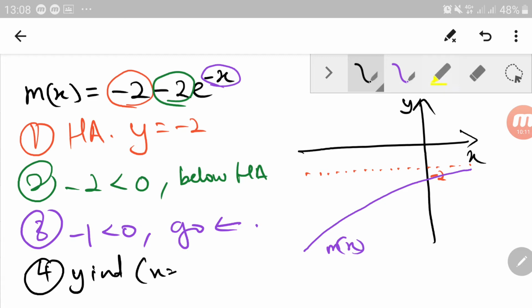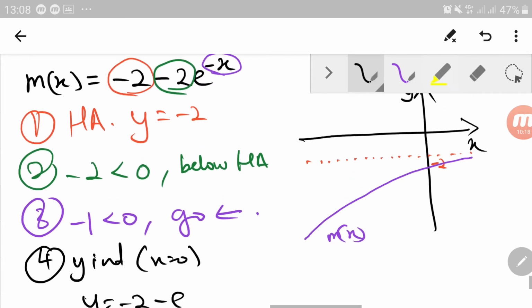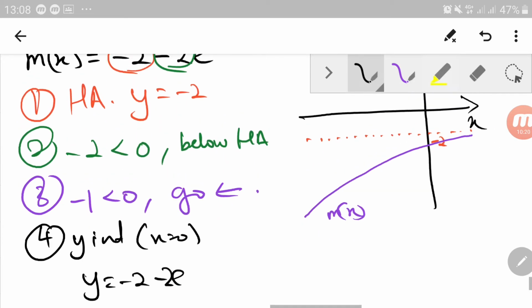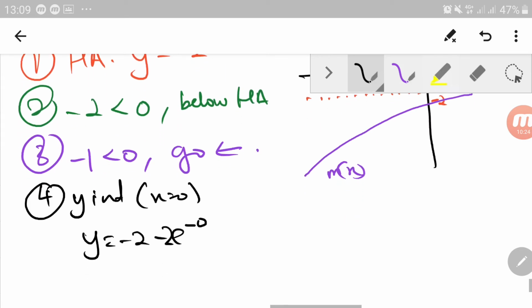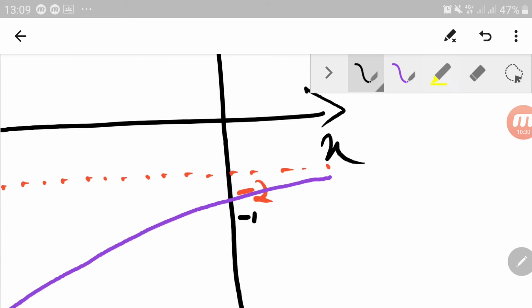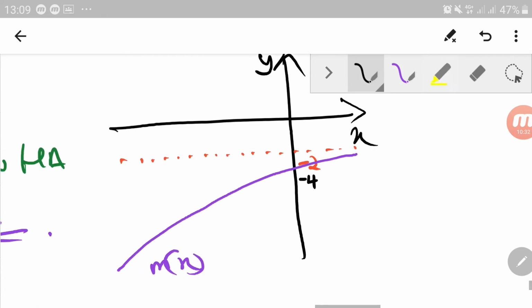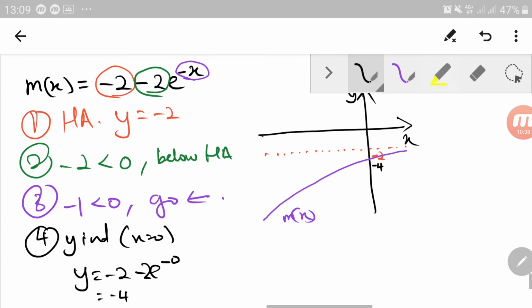The y-intercept is when x is 0. So y equals minus 2 minus 2e^(minus 0). So e^0 is 1. Minus 2 minus 2 is minus 4. So clearly this one is minus 4. Okay, the intersection, not that orange, the horizontal asymptote.